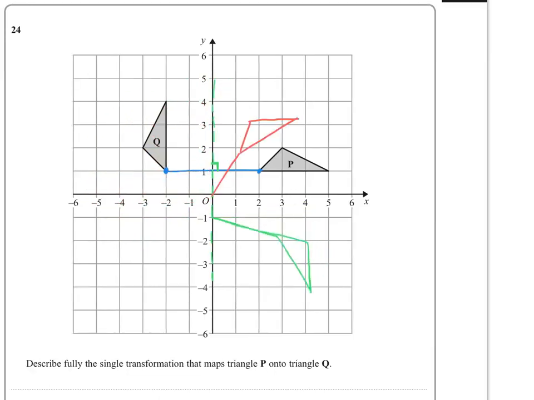Doesn't work. But if we do it around the point 0, -1, can you see? There we go. It works. So there's Q, there's P, there's Q, there's P. Okay, so that should give you an idea of a quick way of doing it.